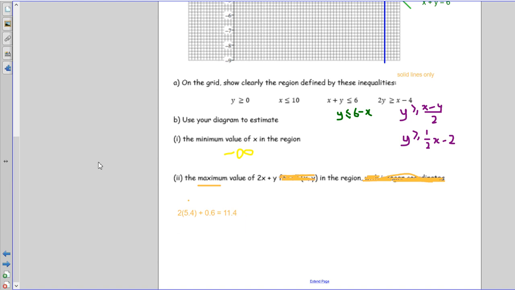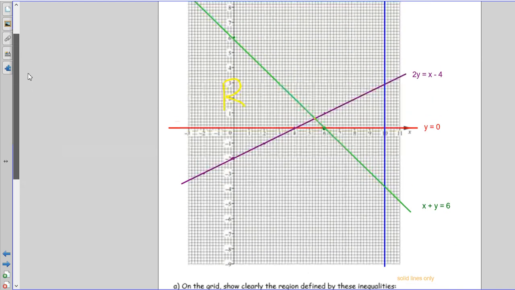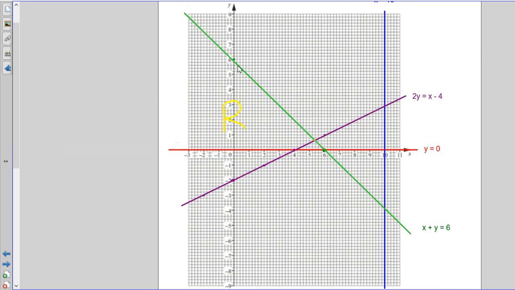Let's try something else. The problem is, again, it's a bit of a dodgy question because it goes on forever here. I should have had a boundary here that makes it clear. So at this point, we'll just say it's 11.4 because it really does go on forever and infinitely this way, although doubling a negative number is going to make the number small overall.